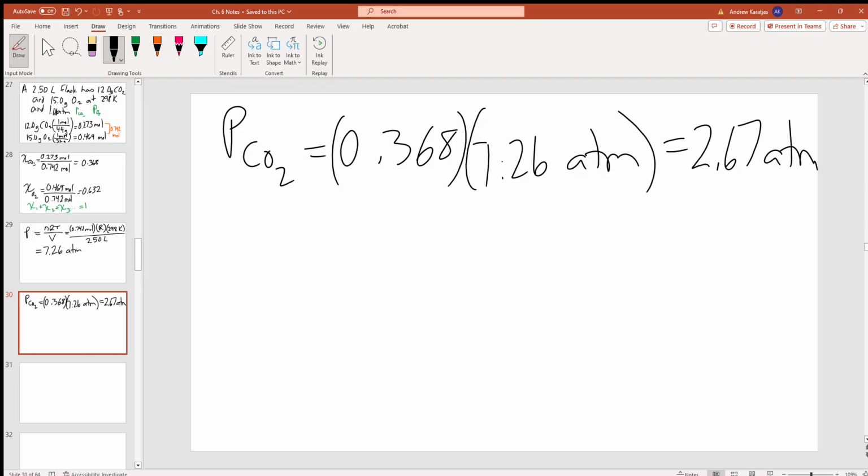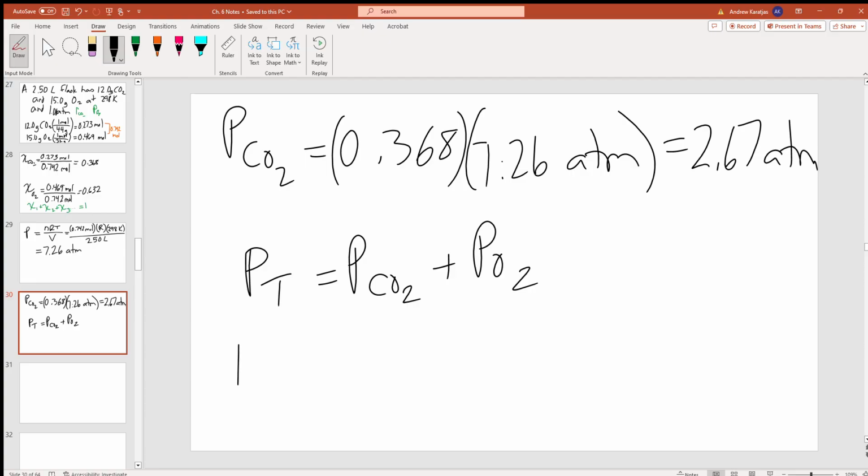Now again, because we know the partial pressures need to add up to the total pressure, the easiest way to do this is we can say that P total is P carbon dioxide plus PO2, or that PO2 is equal to the total pressure minus the pressure of carbon dioxide.